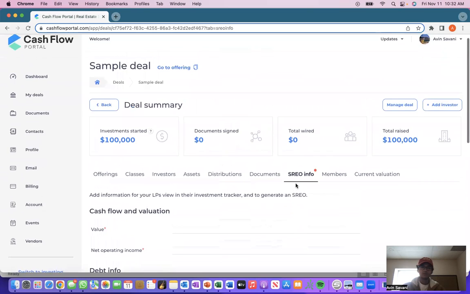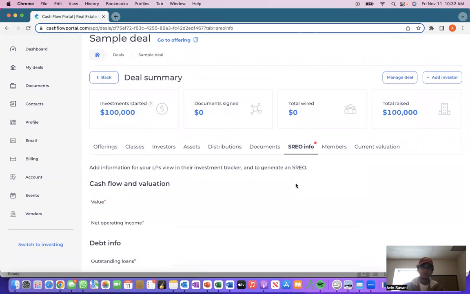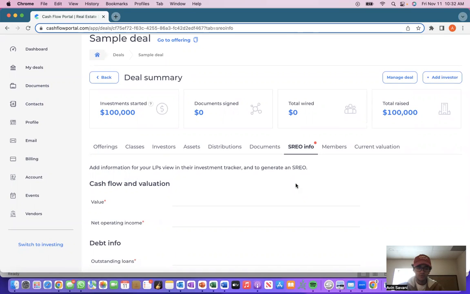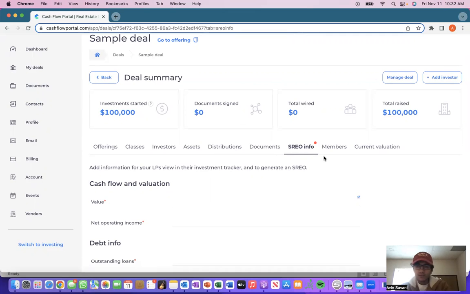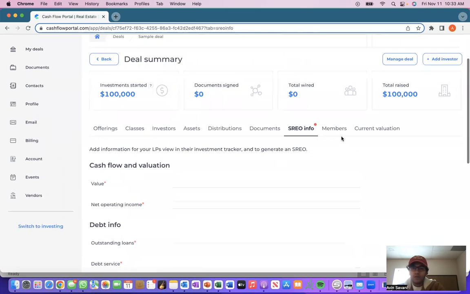I'm not too sure what that stands for. SREO, meaning real estate? Real estate owned property, but wait, no, that's REO. SREO, I don't know, I'm not too sure. Some type of marketing thing, probably.